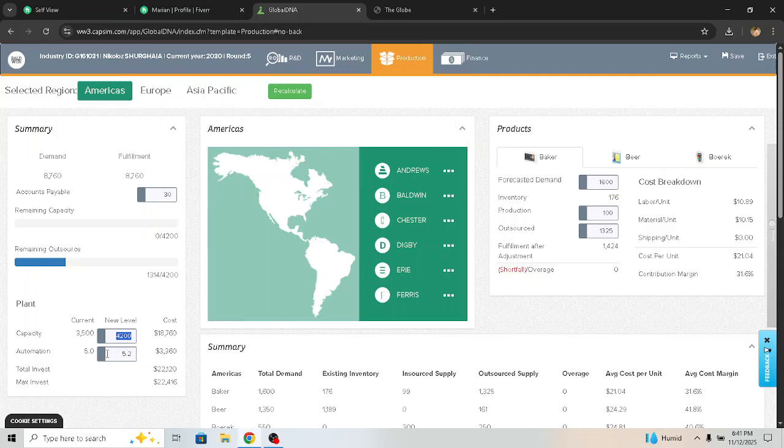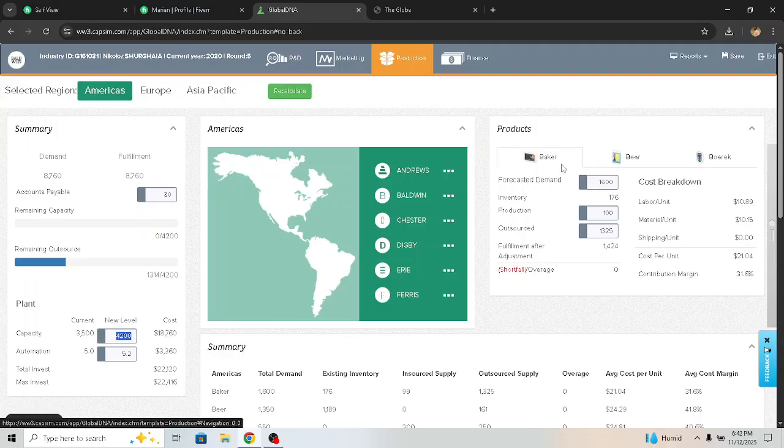Investing in automation reduces labor costs, and therefore reduces manufacturing and production costs, therefore giving profits. So we invested 3,360 in automation, and we spent a maximum of 22,120. Therefore we utilized the amount we were given.